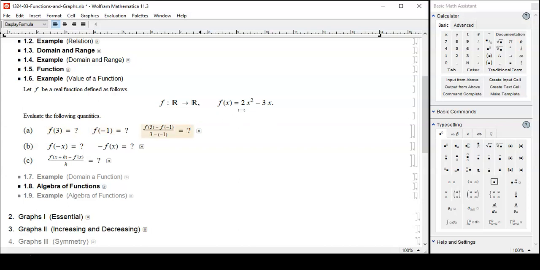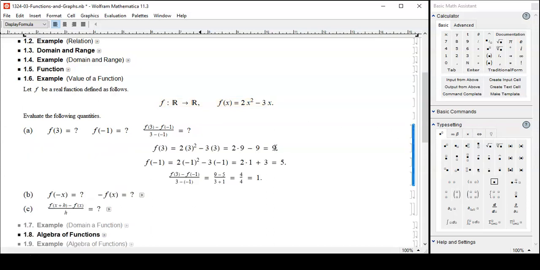Let's see. Shall we do this? Plug in x equal to 3 right here and also right there, and do your computation. Make sense?